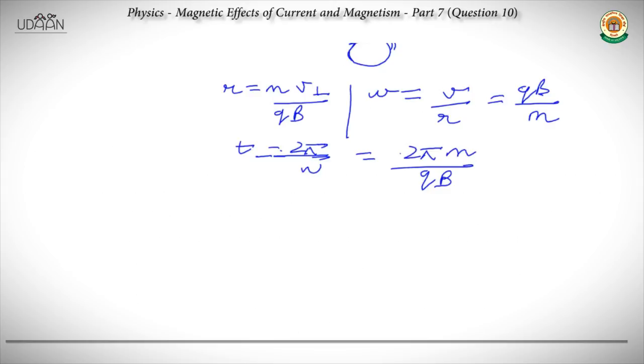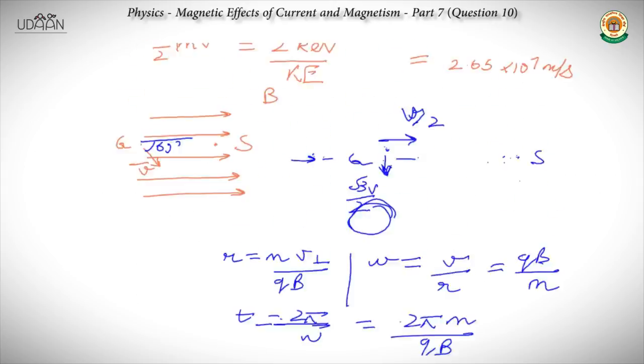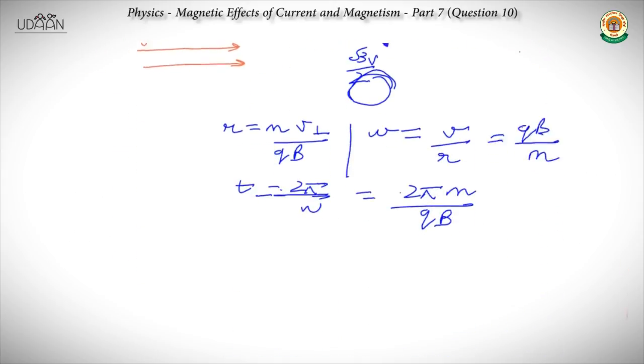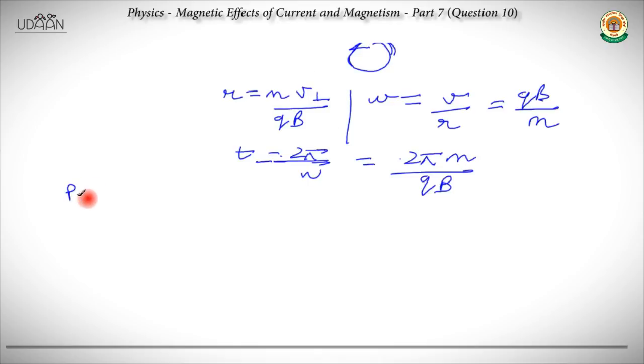Now we find the pitch, or basically the distance between the two particular circles or loops of the helix. That is the pitch. So our pitch is equal to v cos theta, which was 60, whole into the time. Because it is moving in the x direction, the velocity is v cos theta, and we know the time that it will take.